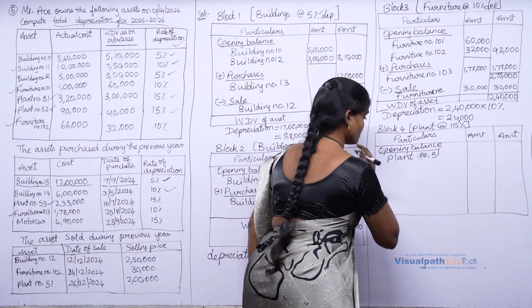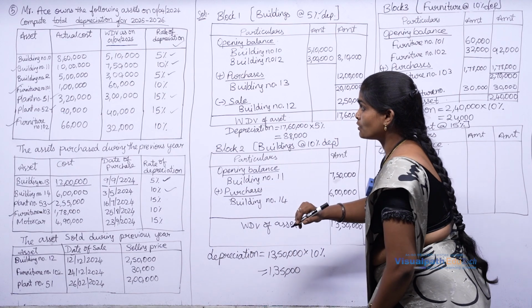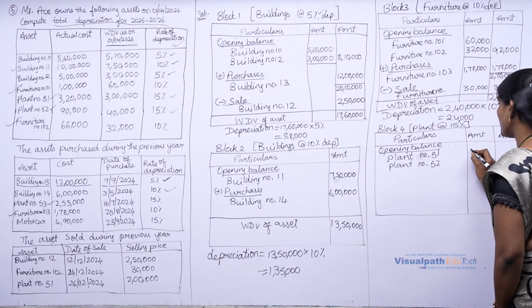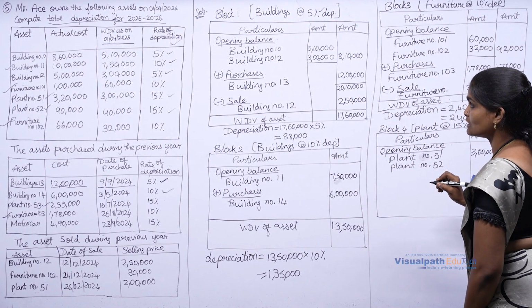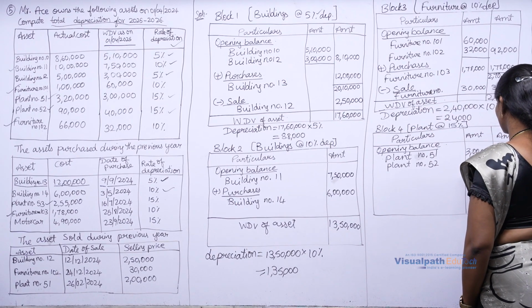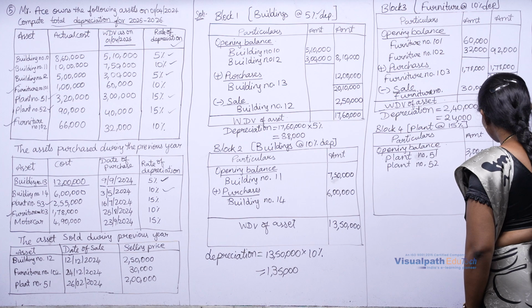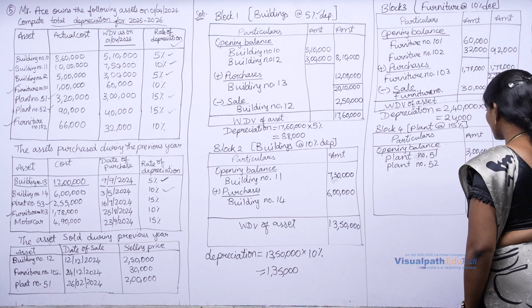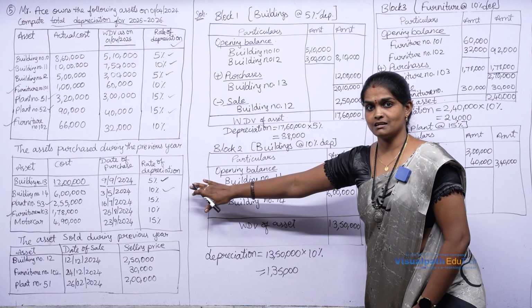Plant number 51 is 3 lakhs. Then plant number 52 is 40,000. How much will you get if you add these two? You will get 3 lakh 40,000. To this, add any asset if it is purchased under this block.